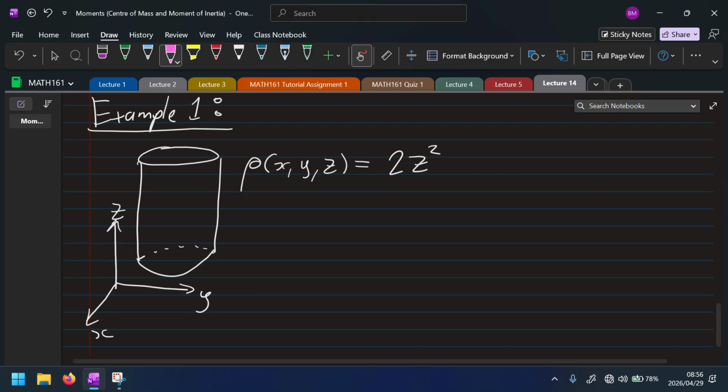So here, let's cut this up here. Okay, so we're cutting a little disc out of our cylinder and we can work out the volume of this thing. So dV.